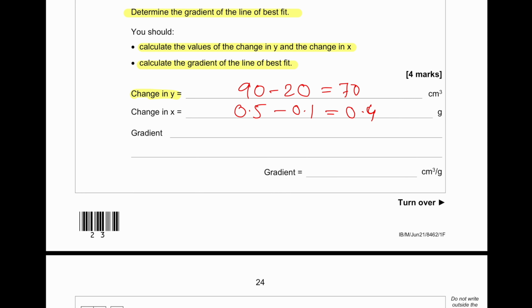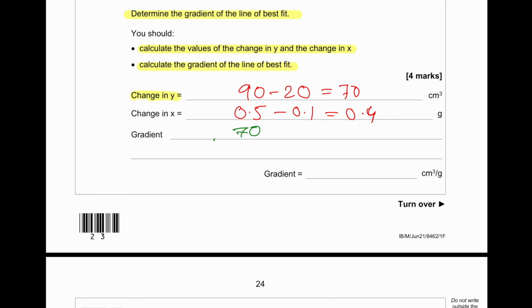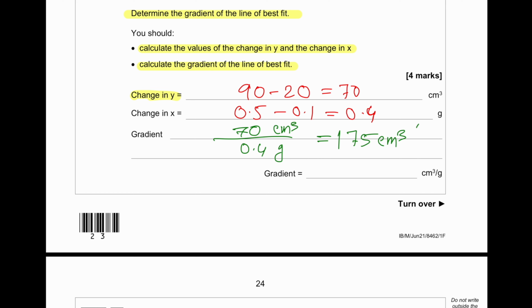So 70 cm³ divided by 0.4 g. So we can conclude 175 cm³ of gas will be produced per gram.